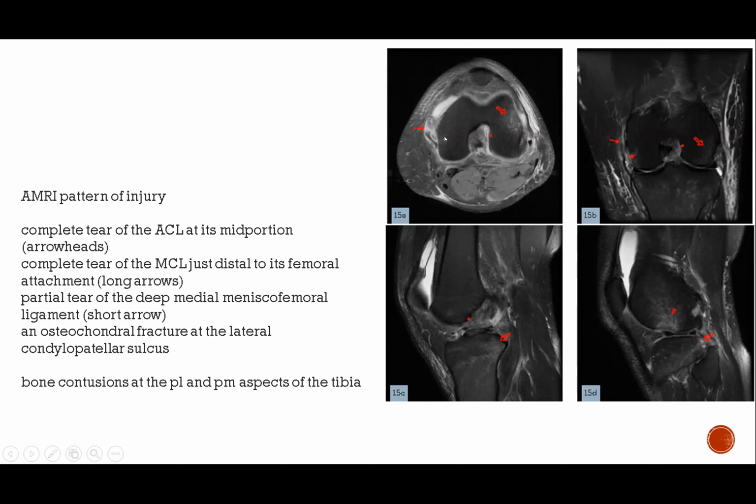The MCL is also torn. In picture 2, there is also strain on the deep MCL and the meniscofemoral component. And this is the osteochondral fracture, and we can see bony contusions on both femoral and tibial surfaces.